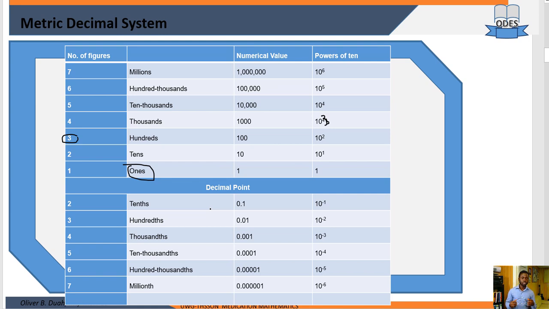So just commit this to memory, and make sure you are able to understand what we mean by decimal places as well as tenths and hundredths, because some of your answers are going to be left in tenths and thousandths or hundredths decimal places. For more information, look at the module in Safe Medicate.